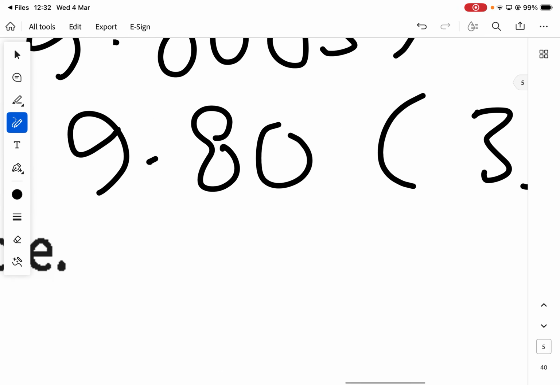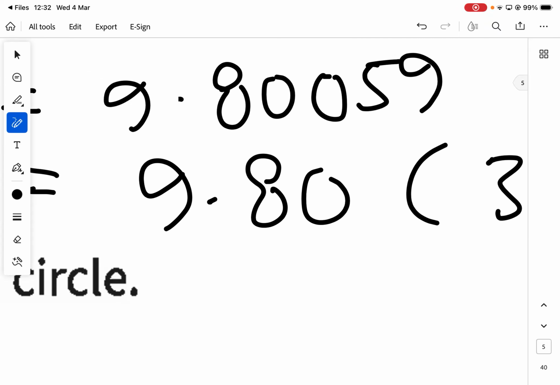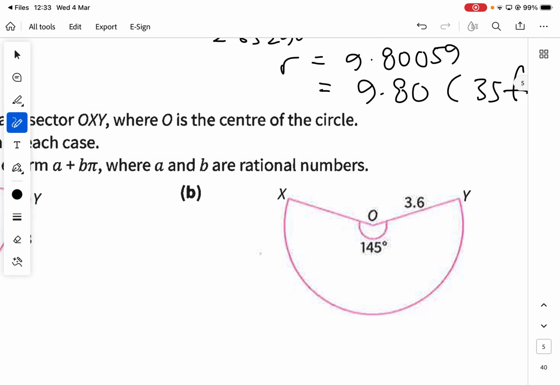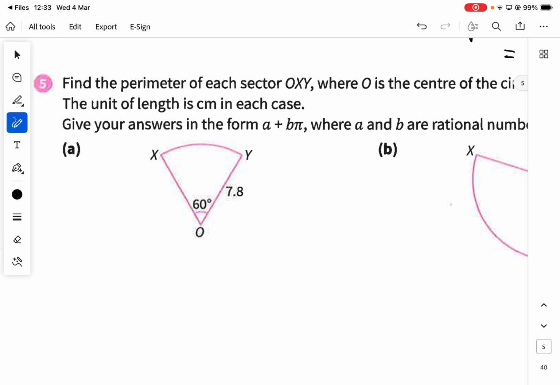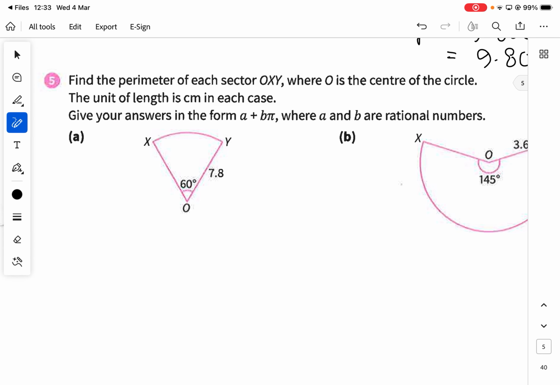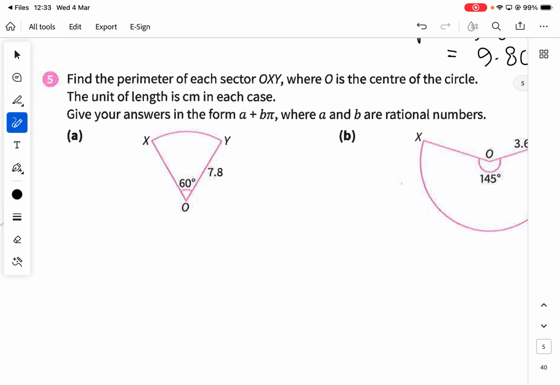Arc length equals to 60 over 360 multiply 2 pi r. So for the arc length itself, I multiply everything here except the pi. Then I will know what is this number of pi for the arc length.